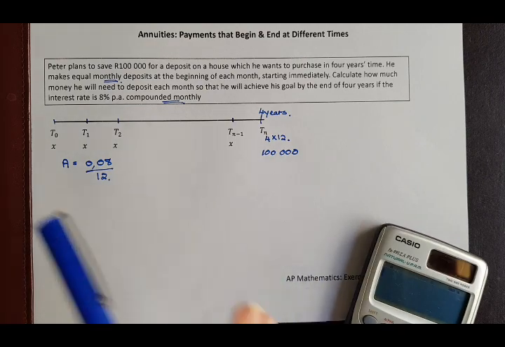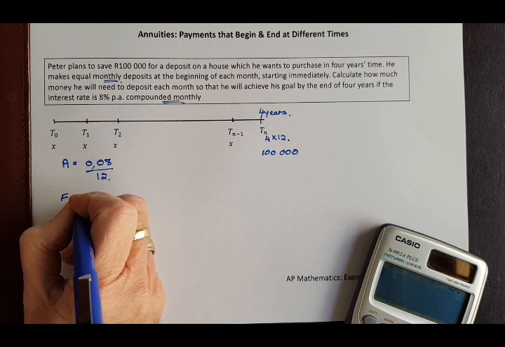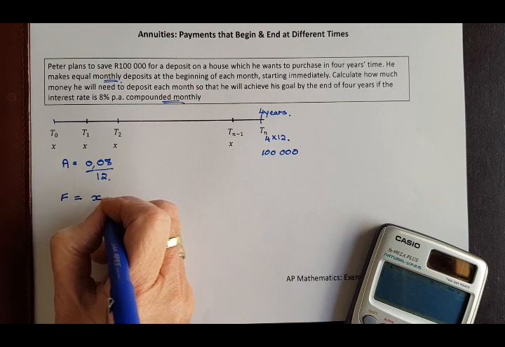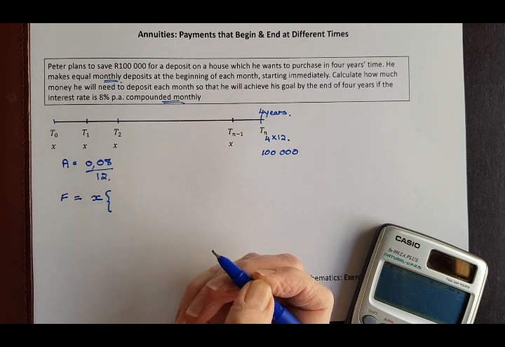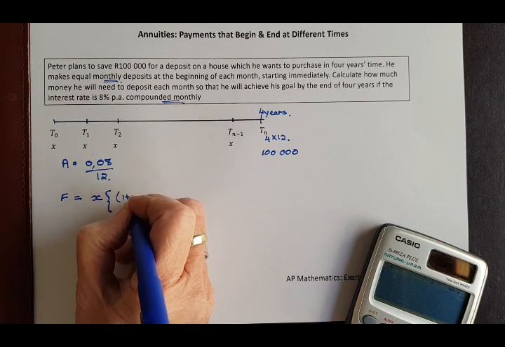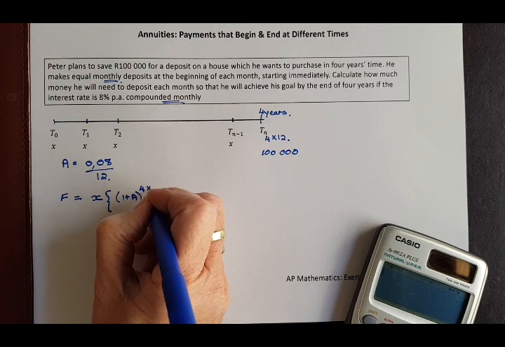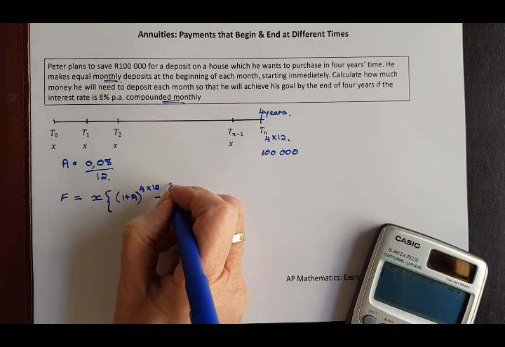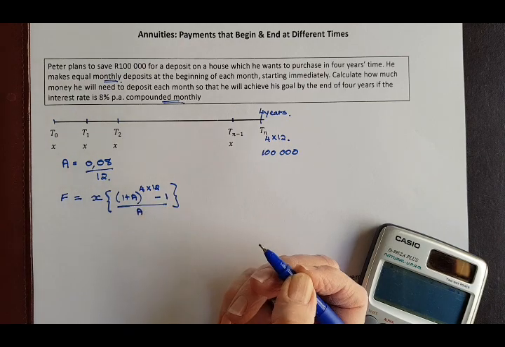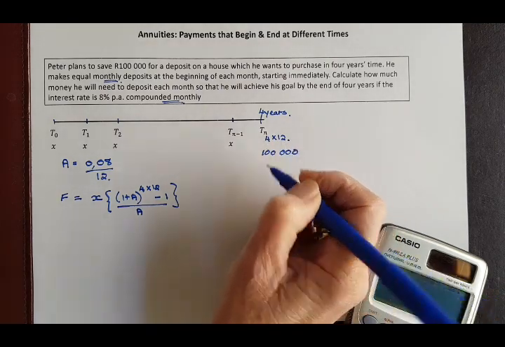I know that I want my future value to be equal to my monthly deposits, 1 plus A for a period of 4 years. They are monthly deposits all over my A. So 4 12s would be 48.